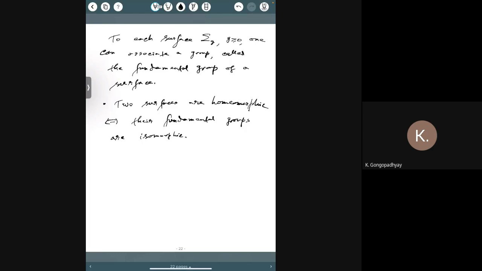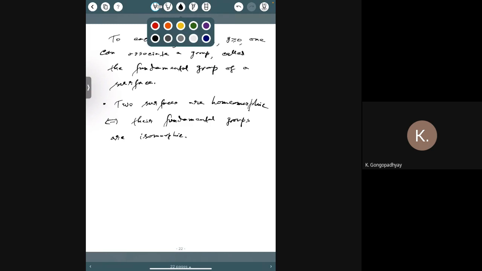Now we have already seen that we have a topological classification of surfaces. All right. So that means we also have an isomorphic classification for the fundamental group of a surface. Okay. So here is the result that I just write down.